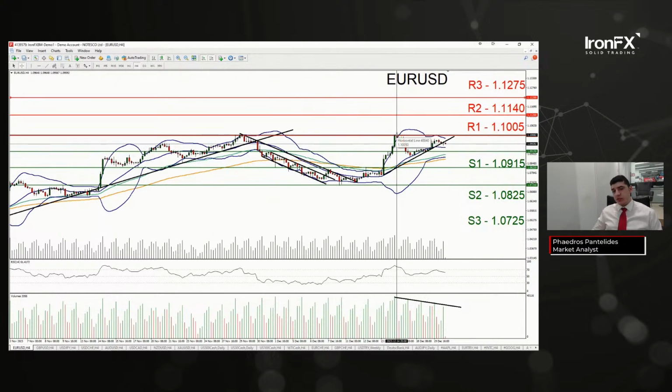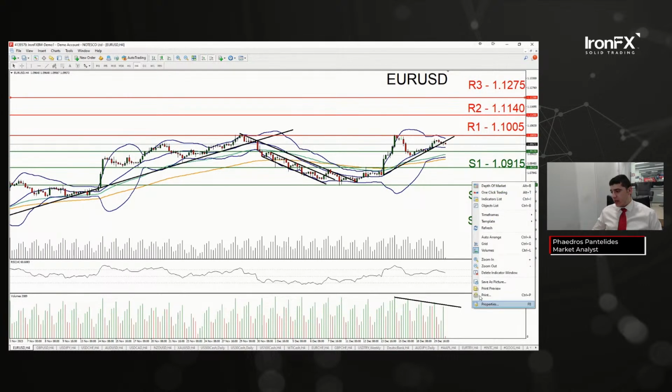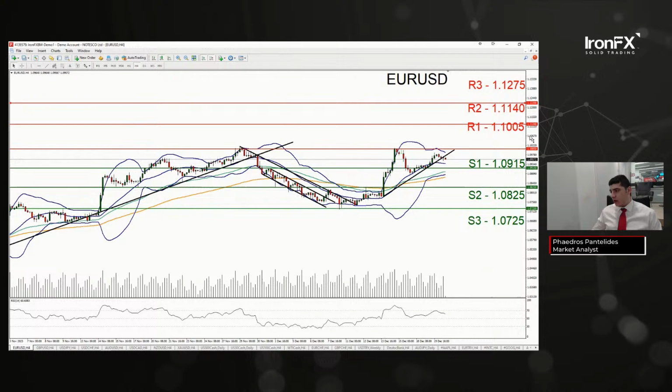And as you can see, there was this previous high and it is moving slightly lower. So less volume, narrowing of the Bollinger Bands, breaking below our upwards moving trend line, all seem to point towards a potential sideways motion between S1 and R1.